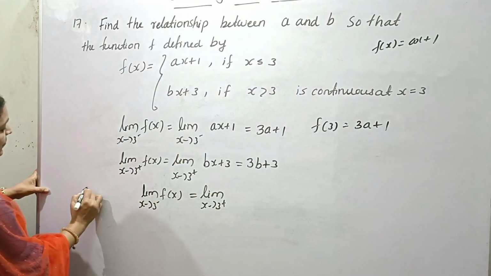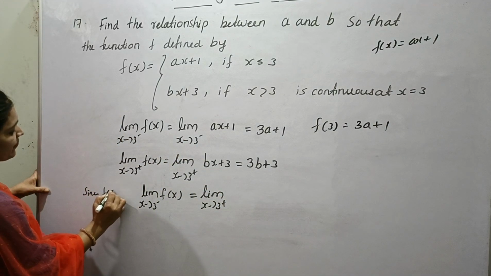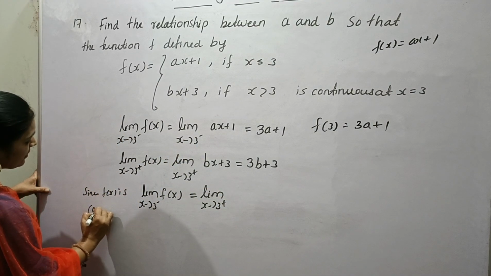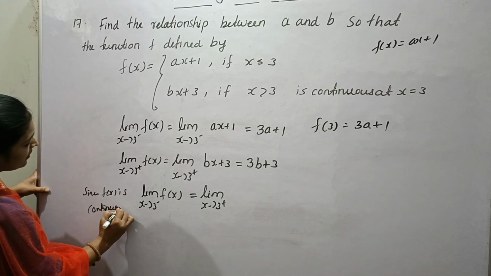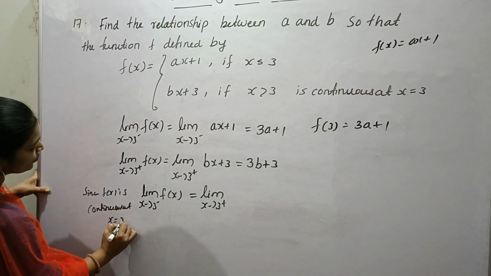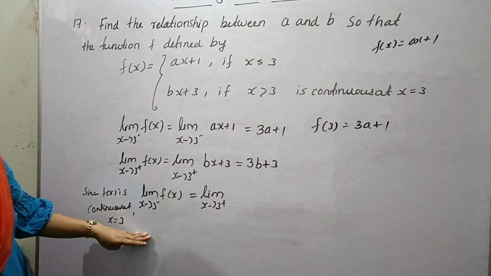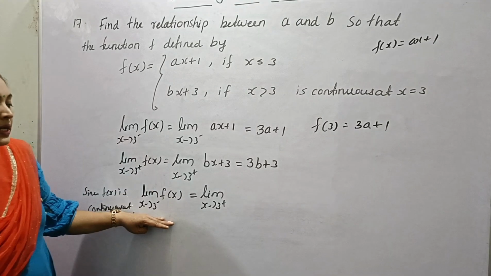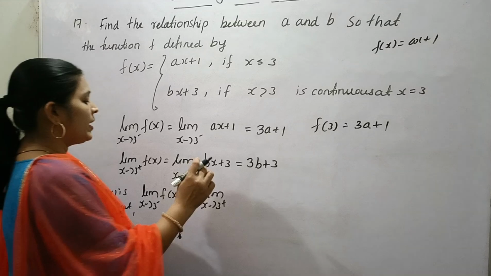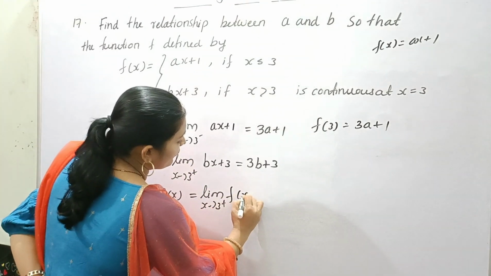Why? Because f of x is continuous at x equal to 3, limit x tends to 3 minus f of x is equal to limit x tends to 3 plus f of x.